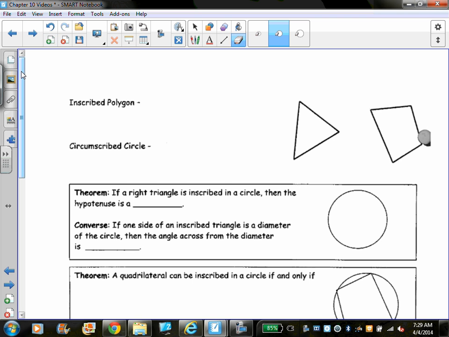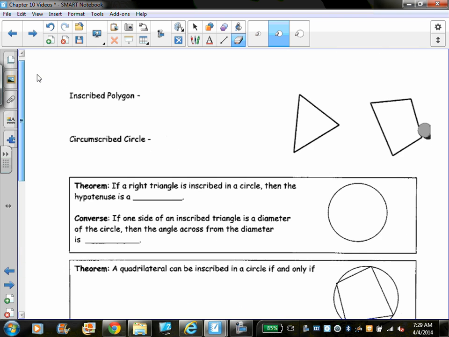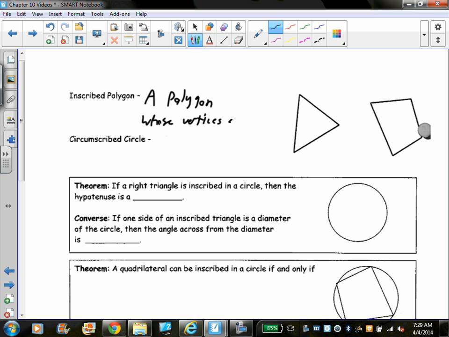All right. So a few more terms, a few more examples, and then we will be done with this video. An inscribed polygon is similar to an inscribed angle. Basically, it means a polygon whose vertices are on a circle, and a circumscribed circle is the idea that we have a circle that is surrounding a polygon.